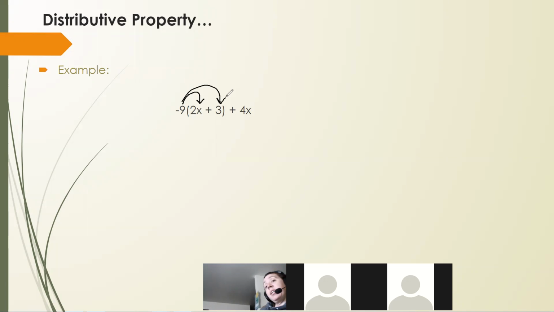What do you guys think? Is negative 9 going to share that candy with 4x? Sí o no? Check out where that 4x is. Is the 4x included in that set of parentheses?